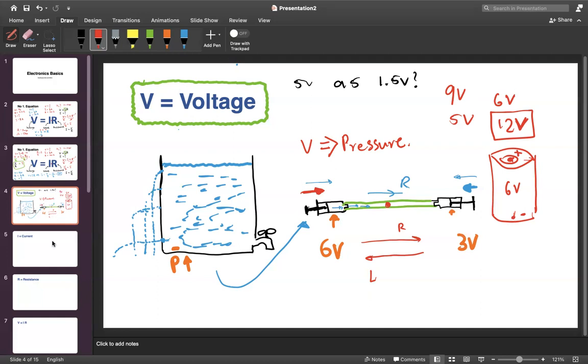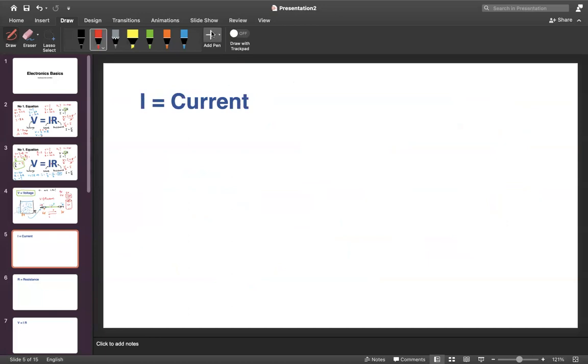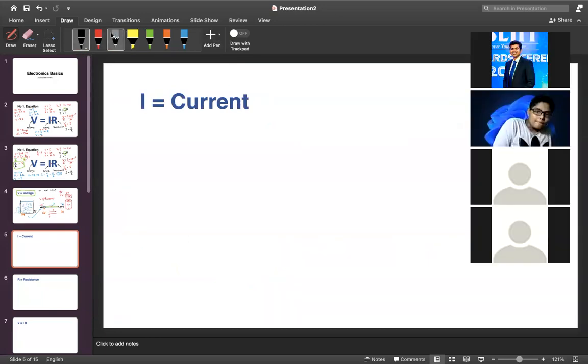If you don't understand, please ask questions, okay? Okay, so let's talk about current, right? So let me draw a small battery, like a pen torch battery here.